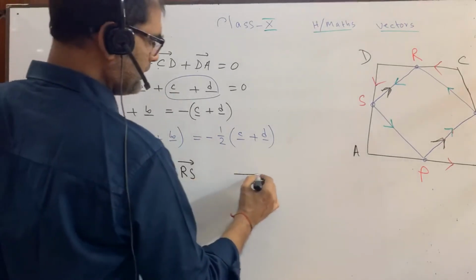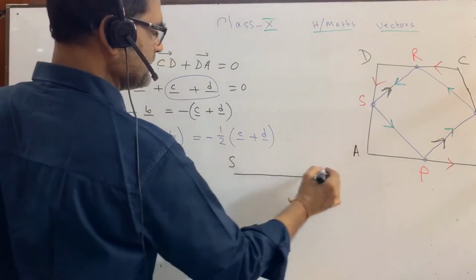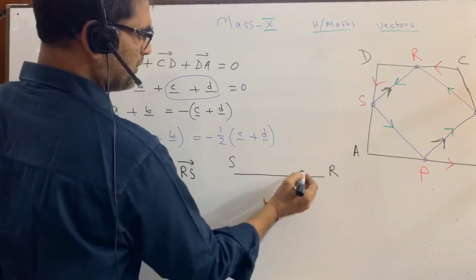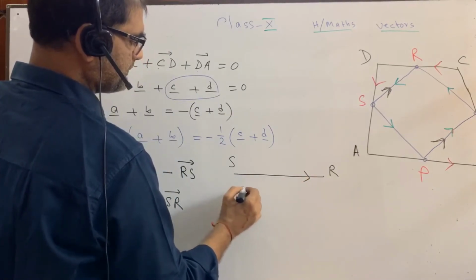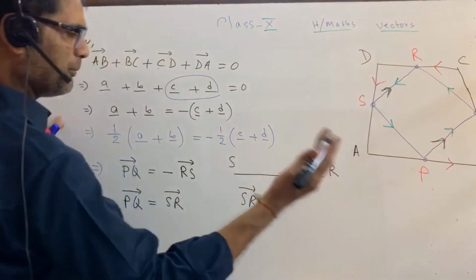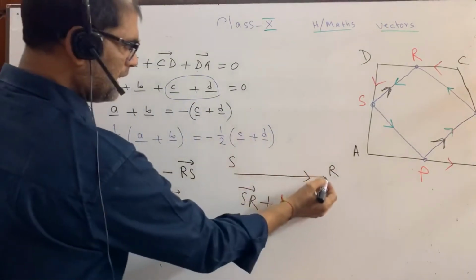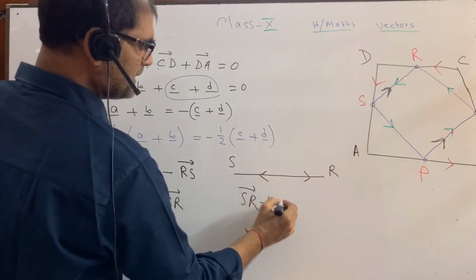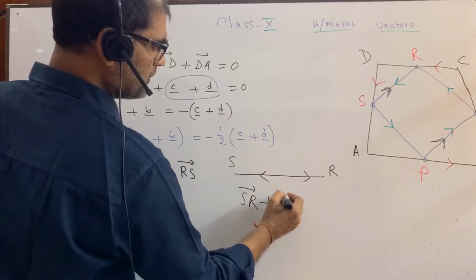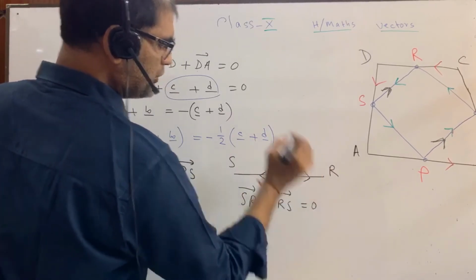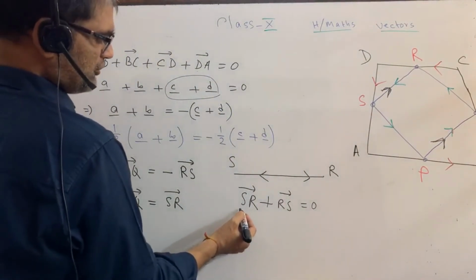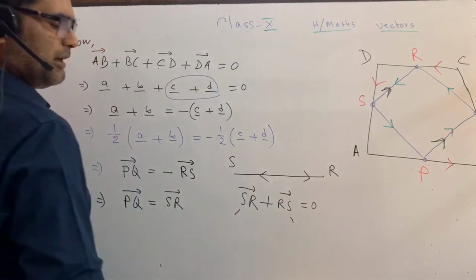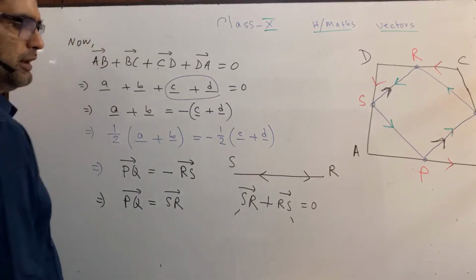Suppose this is S and this is R. You have gone from S to R, that is SR, and you have returned from R to S. Then RS equals to 0, because your starting and ending points are at the same point.